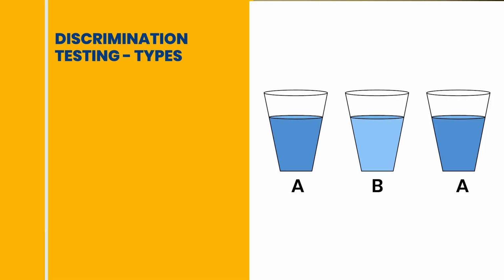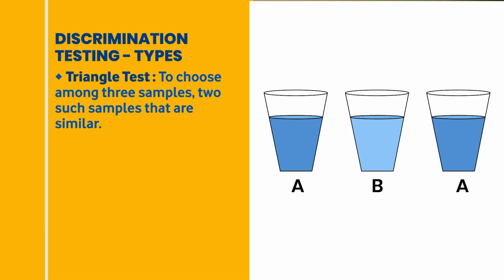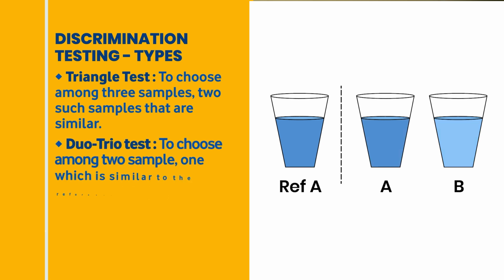It could be presented in a slightly different manner in the triangle test or the duo-trio test. In the triangle test, you choose among three samples, where two are similar, so the odd one has to be picked out. In duo-trio, among two samples, one sample is marked as a reference, and you choose the one that is similar to the reference sample. This is how you present it and ask to judge.